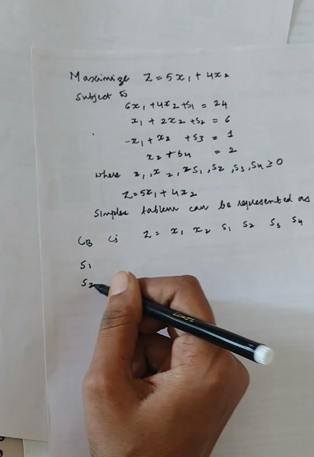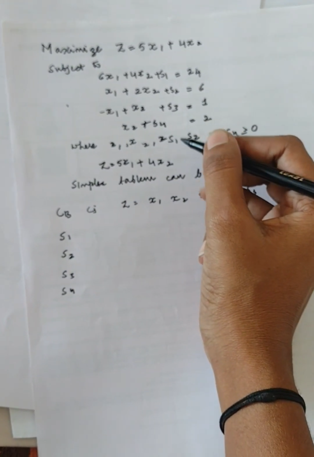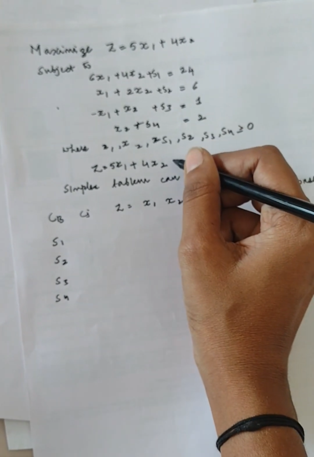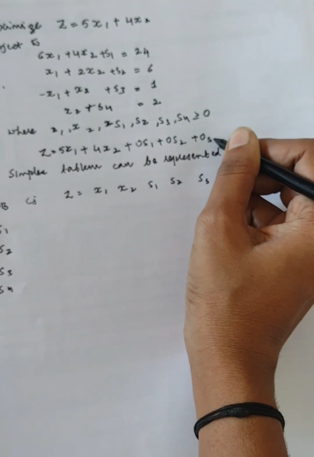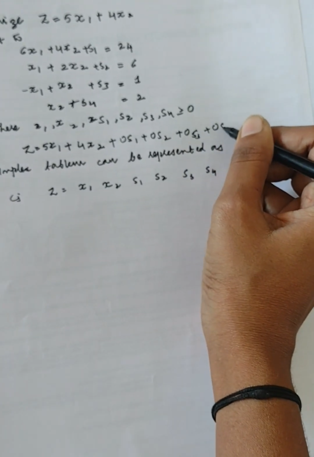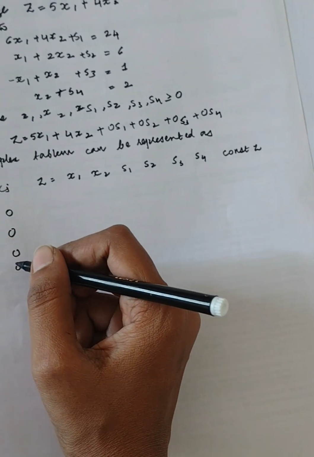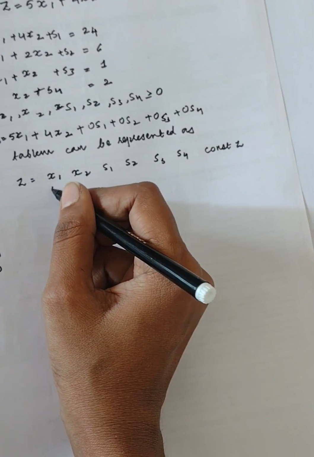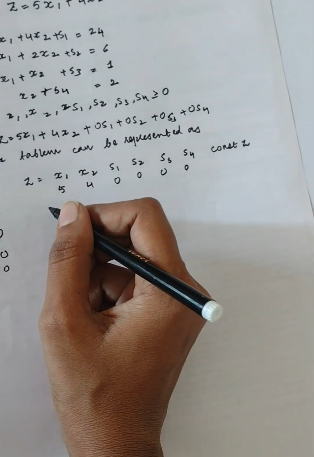We should write the slack variables s1, s2, s3, s4 as the respective basic variables, with Cb values 0, 0, 0, 0. For the z row, x1 is 5, x2 is 4, and the rest are 0.